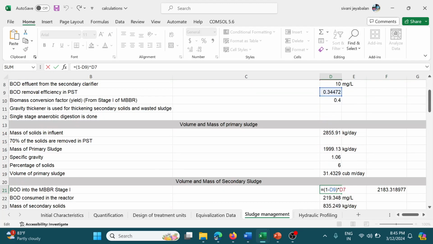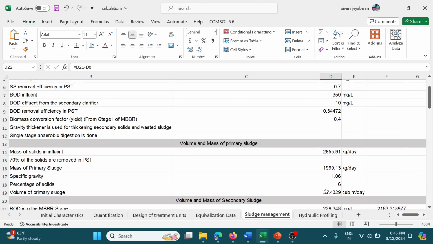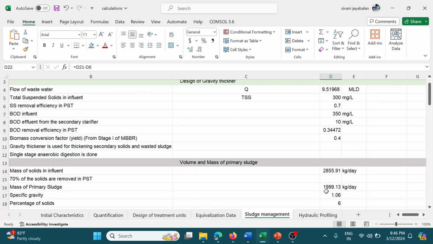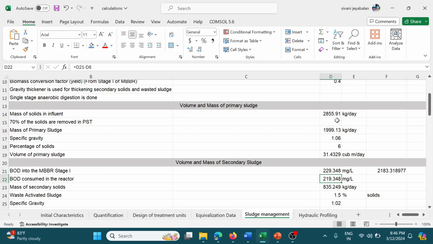No, Bhupender, I am getting a different answer. How did you make the substitutions? Q is nothing but 9.51, right? Into 350, into 1 minus 0.344. What is the answer you are getting?